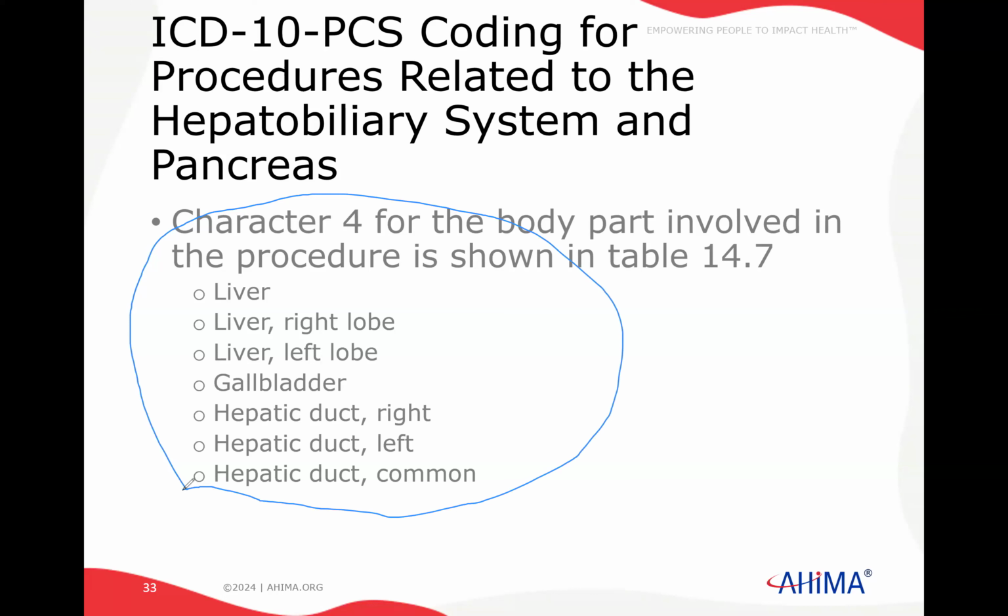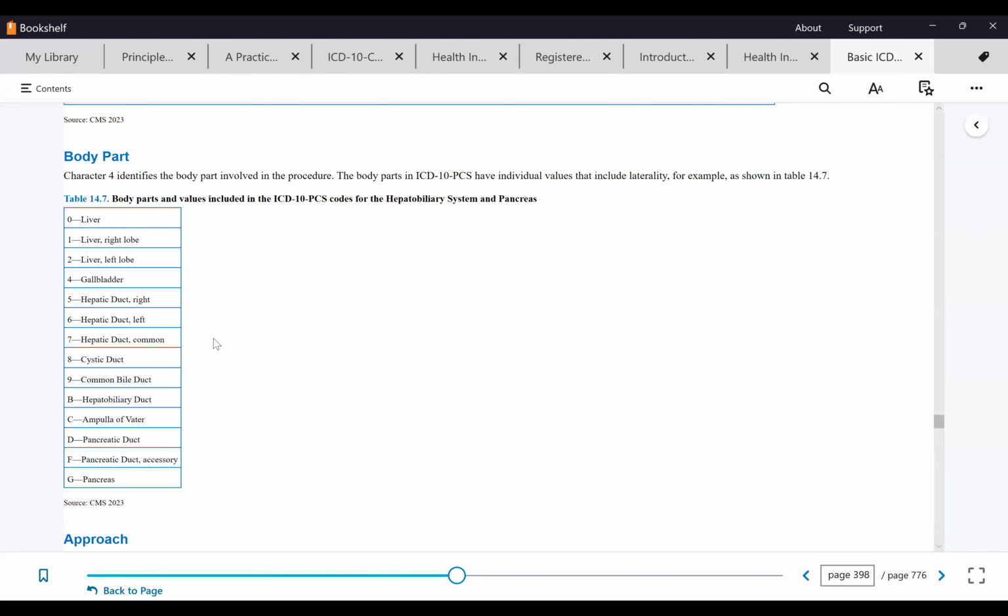And this is Table 14.7. We'll also see that in your code book. We'll have a quick look at that now. So note the different body parts; it gets into a little bit finer level of detail.